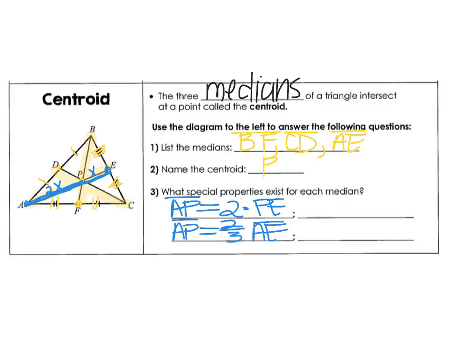And if AP is 2/3 of the whole thing, then PE, the smaller part, is going to be 1/3 of AE. And we can also say that PE is 1/2 of AP, because we know that PE is half of AP if AP is 2 times PE. So these are key characteristics about medians and centroids.